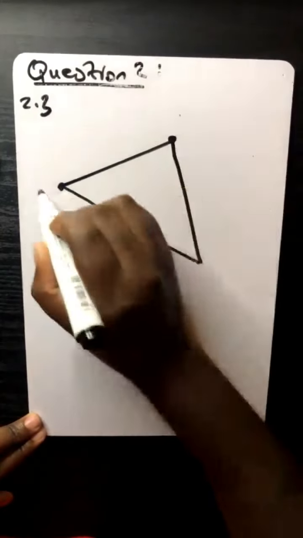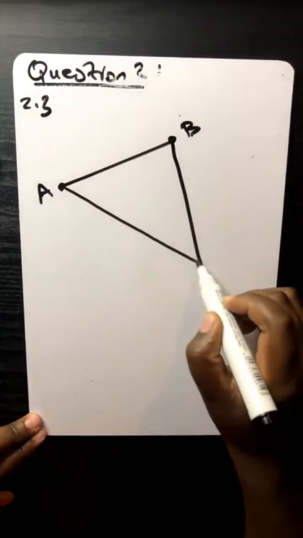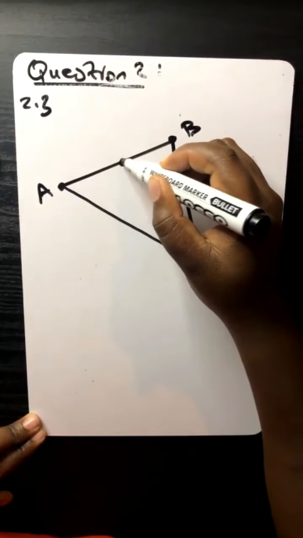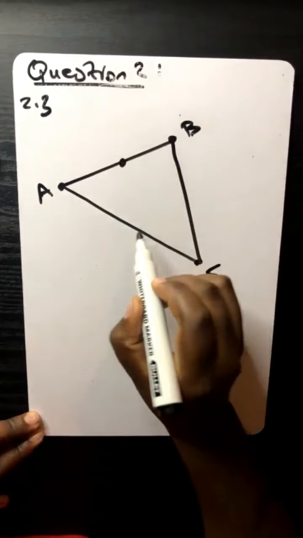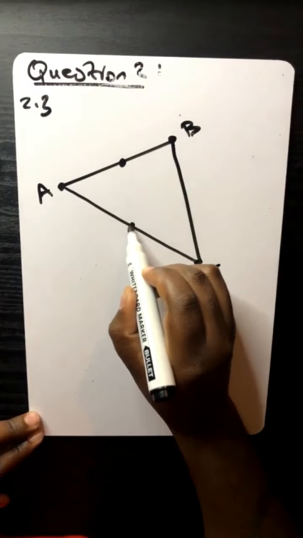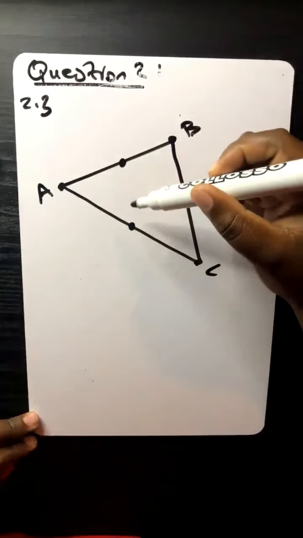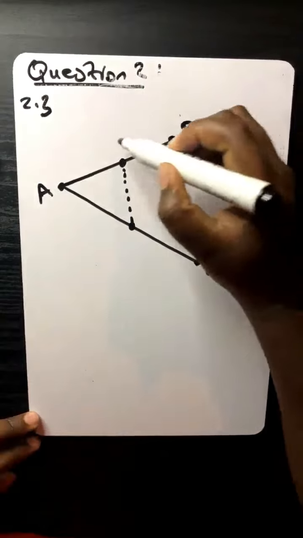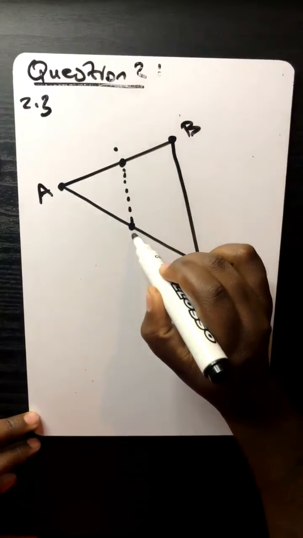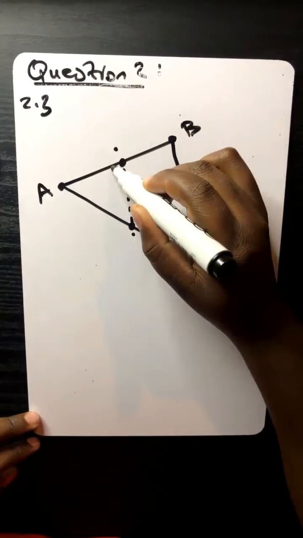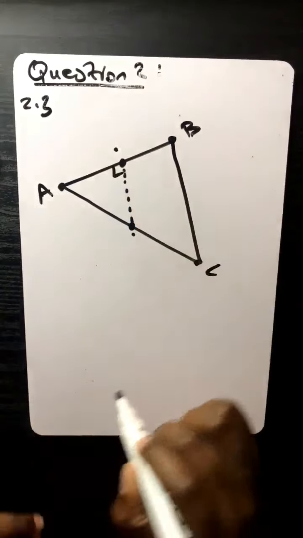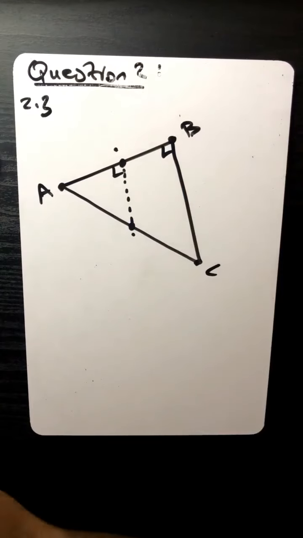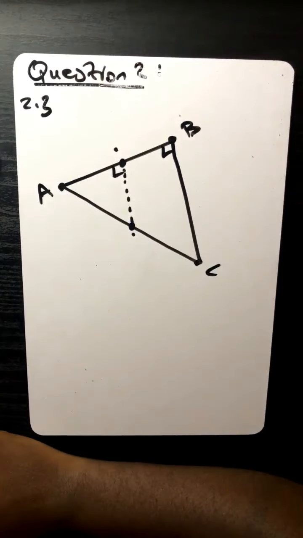Let's say this is A, this is B, and this is C. If this is the midpoint, and this is the midpoint, do you not agree that this line, which is at the midpoint, is perpendicular to that line, forming a 90-degree angle there? Do we not have a rule in mathematics which says something similar to that?